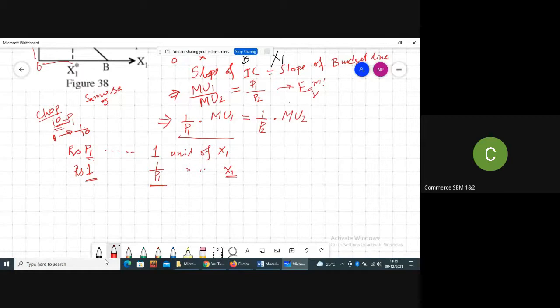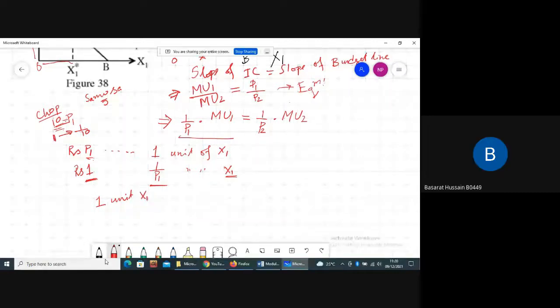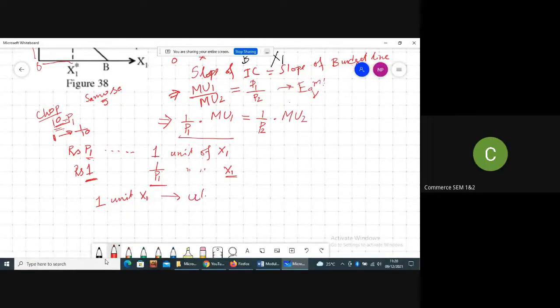Now the question is, if I spend 1 rupee on commodity one, how much utility will I get? For that, what do I have to do? If I consume 1 unit of X1, how much utility will I get? One by MU1.